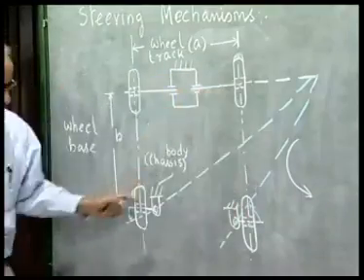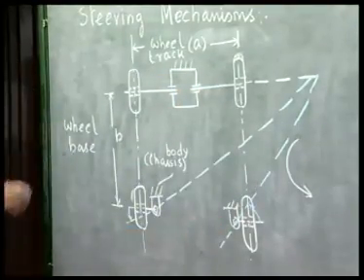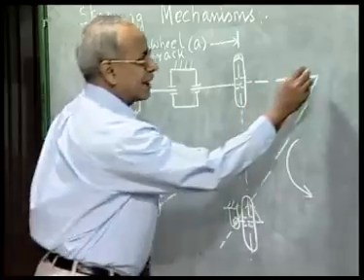The rear axle and the two front axles, while the car is taking a turn, must intersect at one point.